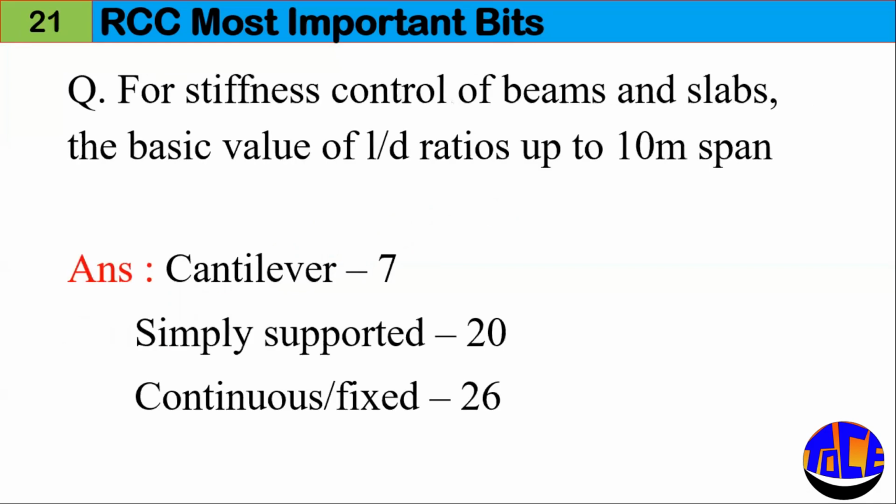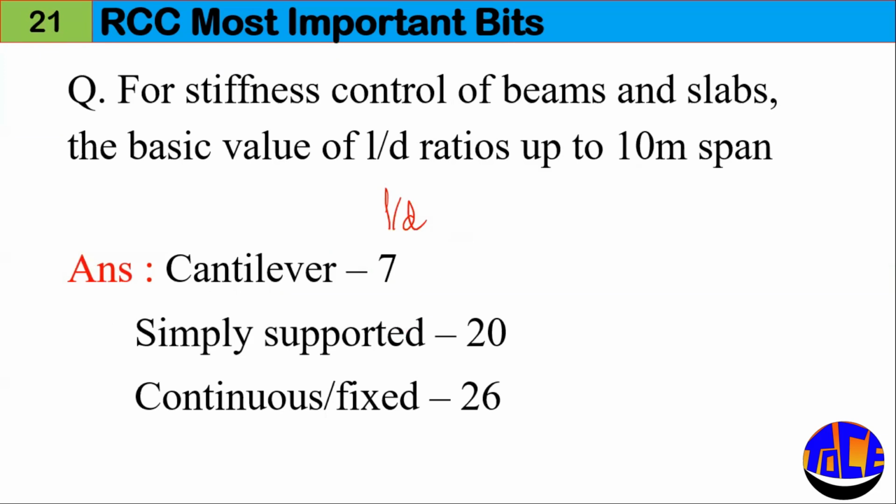Question number 21. For stiffness control of beams and slabs, the basic value of L by D ratio up to 10 meters span. For cantilevers, it is 7. So these are the L by D ratios. For cantilever, the L by D ratio is 7.